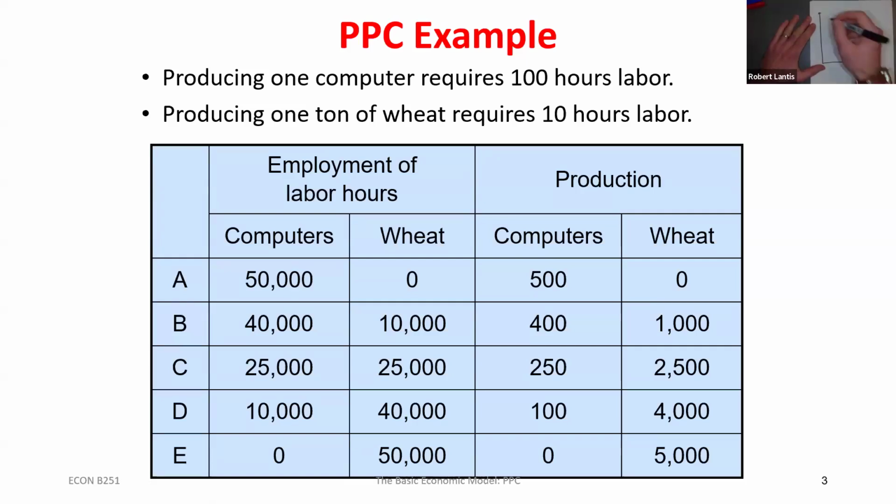Let's do computers on the x-axis, and let's do wheat on the y-axis here, okay? If I'm only producing wheat, we say we could produce 0 computers, but we would get 5,000 tons of wheat. And if we were only producing computers, 0 tons of wheat, but we're getting 500 total computers, okay?